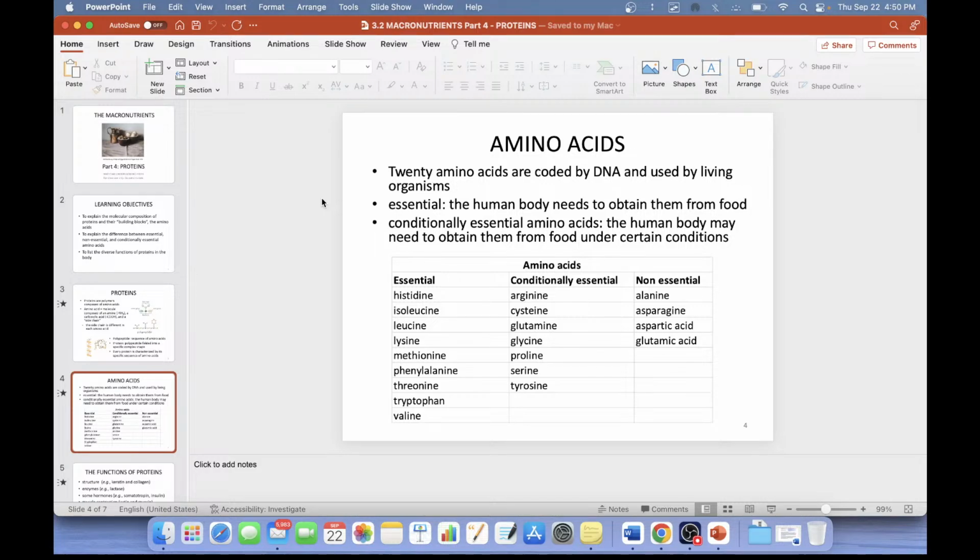But since we eat various diets, and we combine different foods in dishes and in meals, and in dietary patterns that we consume, it's not necessary for us to eat foods that contain all the 20 amino acids, because we can form a combination of foods that will, among themselves, in combination, provide us the full assortment of amino acids. And there are some traditional dishes that do precisely that, provide you the full assortment of amino acids.